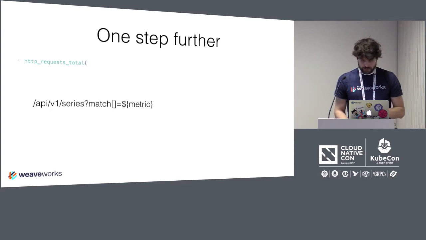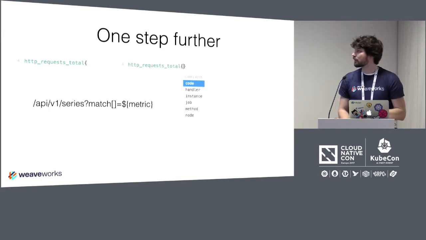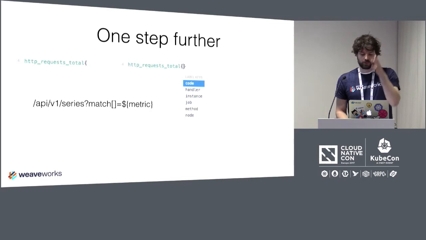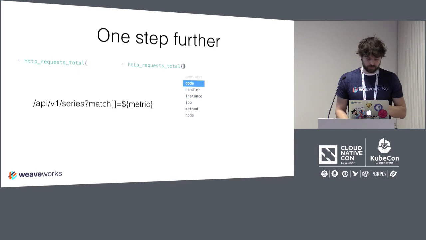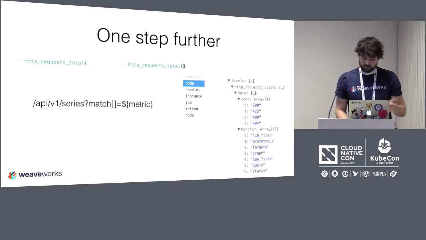So I can construct a suggester that's based around the metric name that came before the curly braces. That's really just a simple greedy algorithm. I look at the opening curly braces and the metric name to the left. It's quite simple. Then you get back label keys and values, and you can construct a whole tree pretty easily.